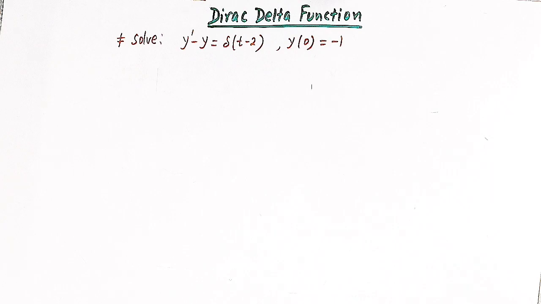So here we'll solve this differential equation involving the delta function by using the concept of Laplace transform and the inverse Laplace transform, right? And moreover, we'll also make use of some direct results from inverse Laplace transform, right? So let us start.